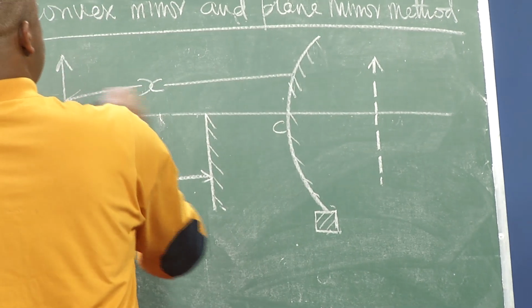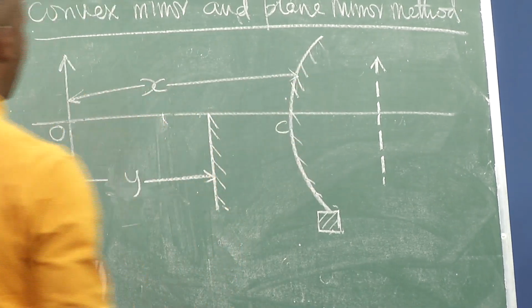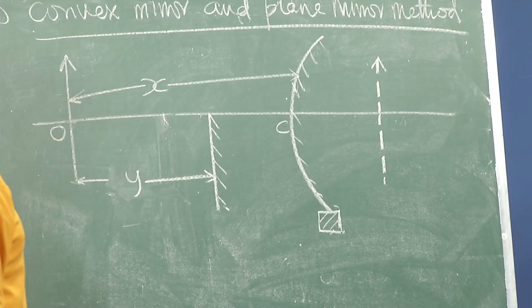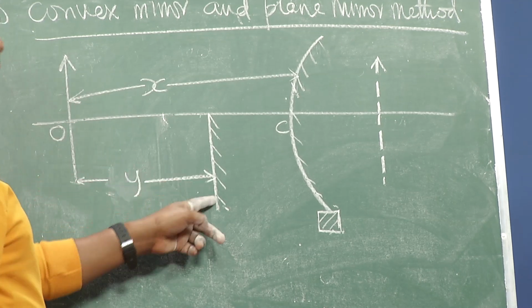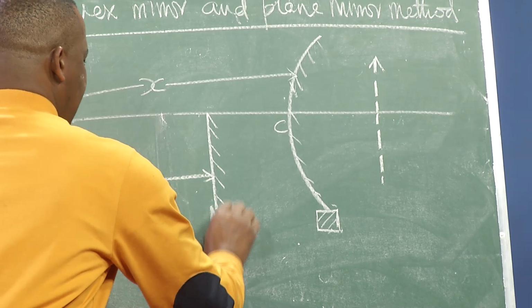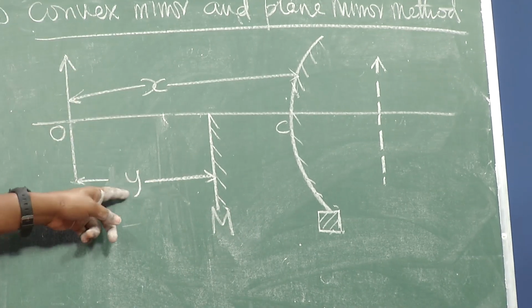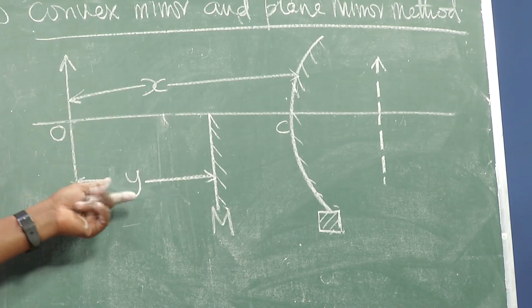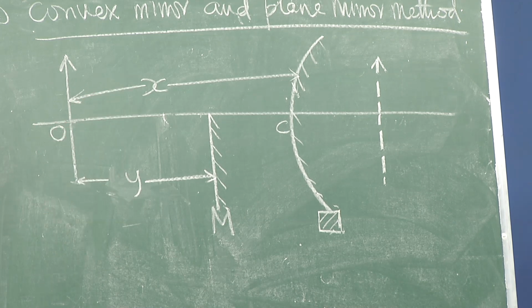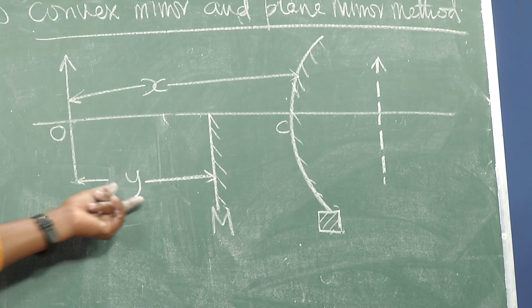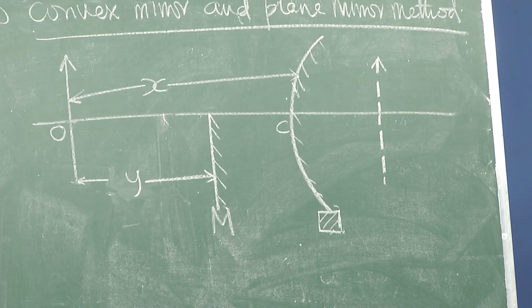These distances of the object from the convex mirror, and the object from the plane mirror, can then be measured. I'm assuming that I've measured them and given them x and y, but practically they will be measured and you have their values recorded to one decimal place, remember.